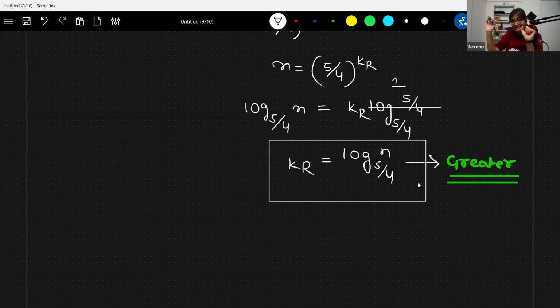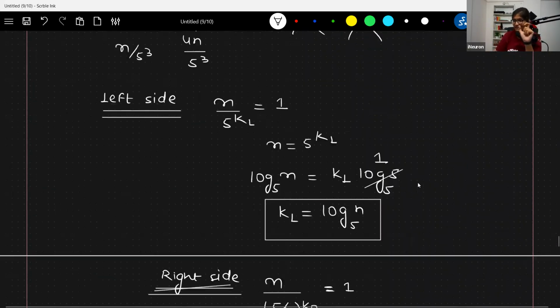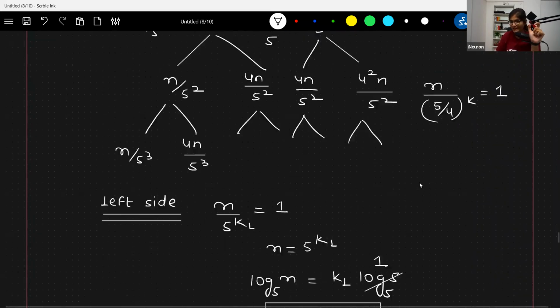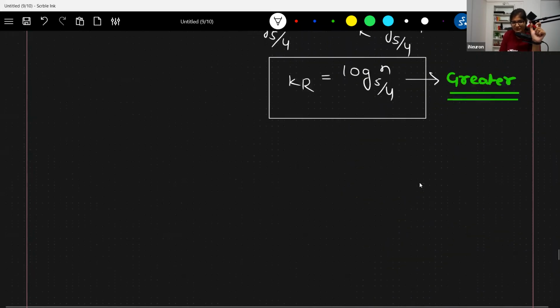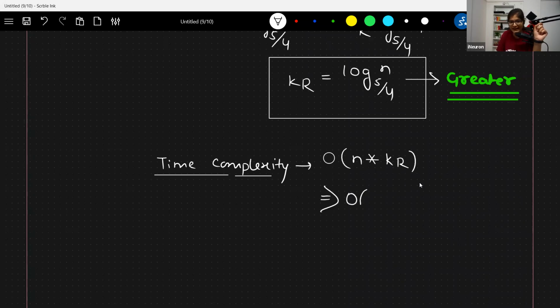Now at each level, how much is the cost? N. So what is the overall time complexity? The time complexity will be equals to order of n into KR, not KL. So it will be equals to order of n into log of n base 5 by 4.